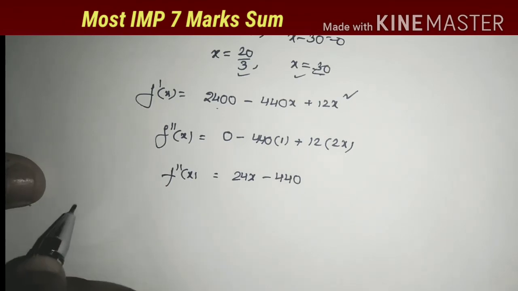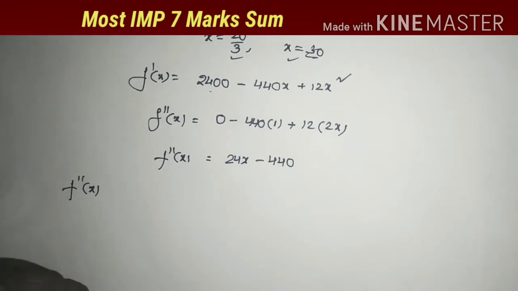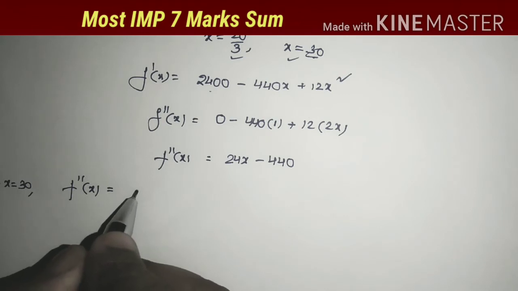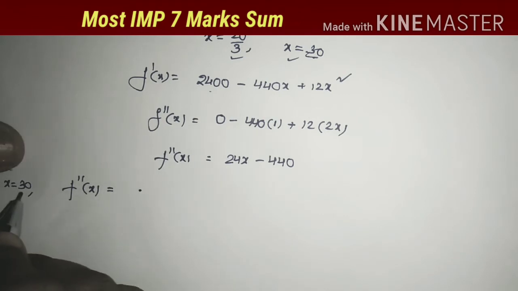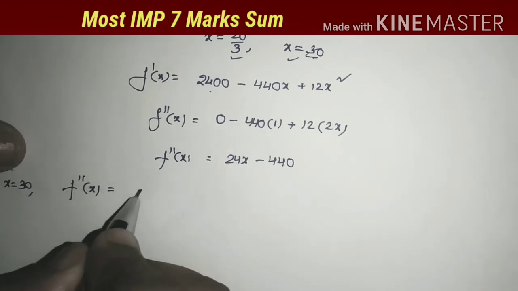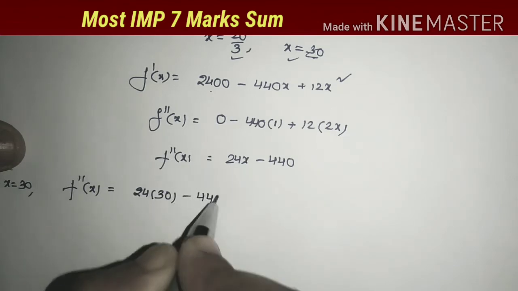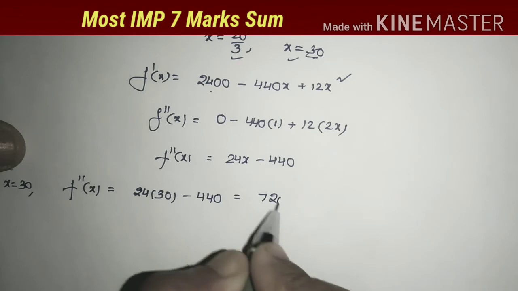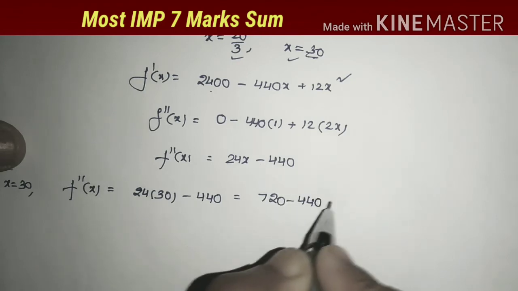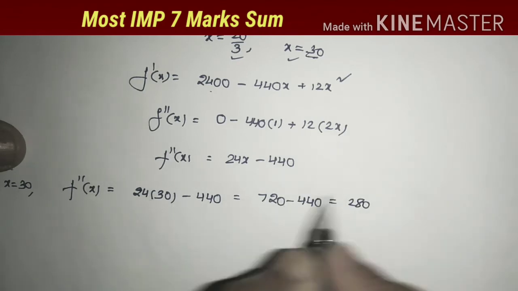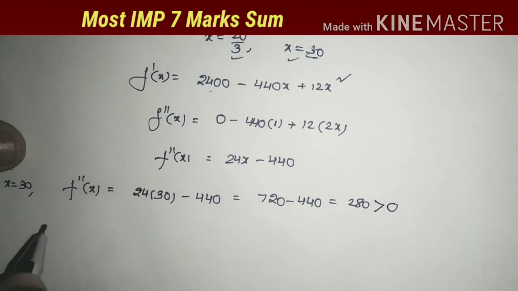Now substituting the values of x in this, at x is equal to 30, f double dash of x is 24 into 30 minus 440, which is 720 minus 440, equals 280. 280 is greater than 0.